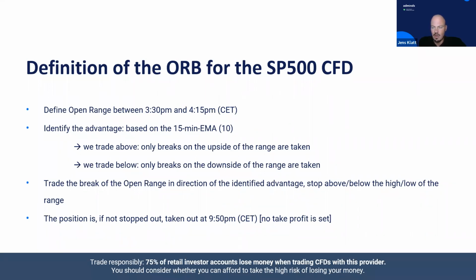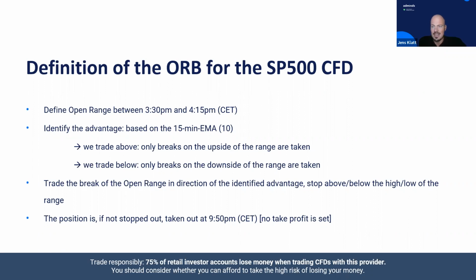While if the last closing price of the 15-minute S&P 500 here is below the EMA 10, then we only trade on the short side and only take short positions here. And what we simply do is we trade the break out of this range on the given side where the advantage is given. And the stop, we place it at the top or at the low of the range, depending on whether we are taking the long side or the short side.